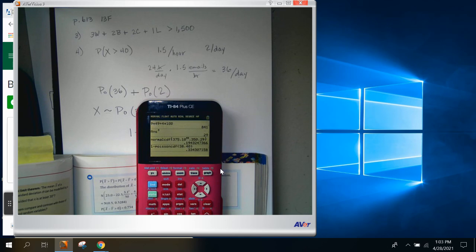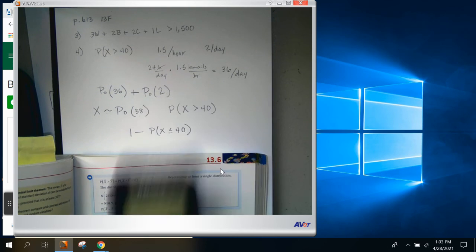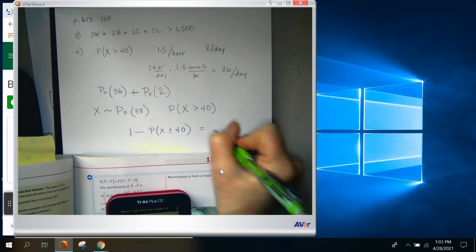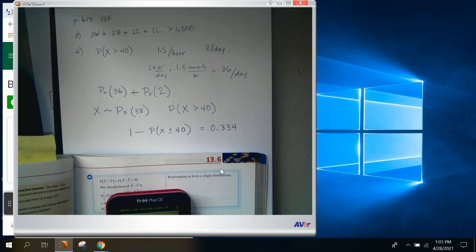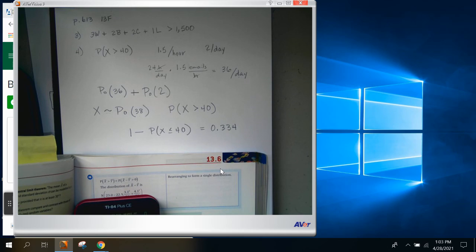And I get my answer, 0.334. So I have about a third of a chance. My probability is about 33 1/3% that I will have more than 40 emails in a 24-hour period. And there it is. That's number 4.